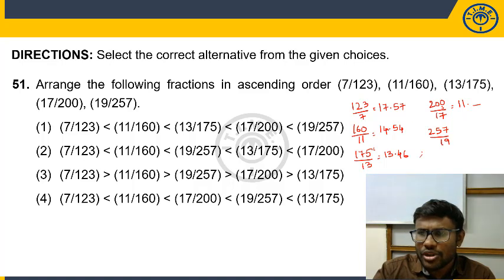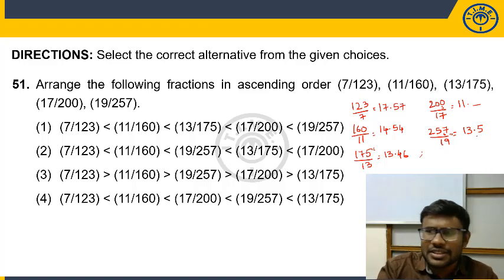You don't have to calculate that, because no number is near 11. Now 257 by 19: 19 fives are 95, so it is 13.5. Enough, no need to take the second digit.